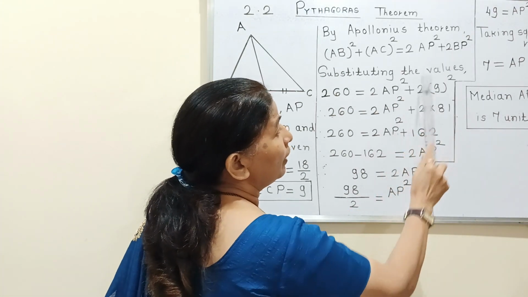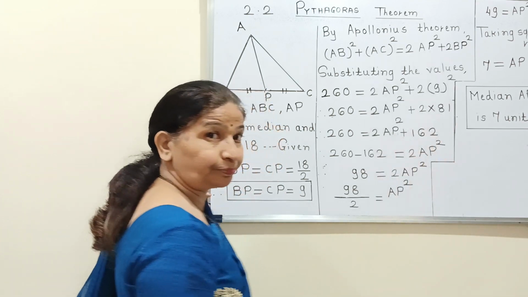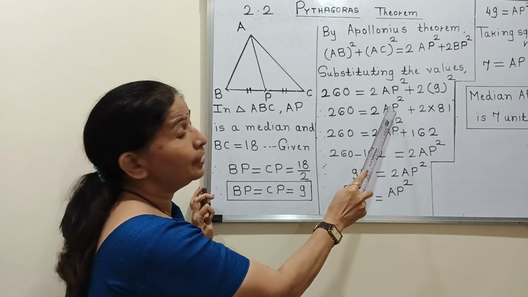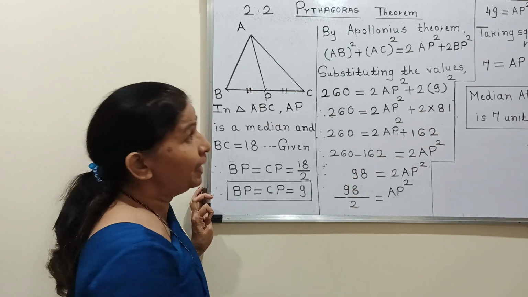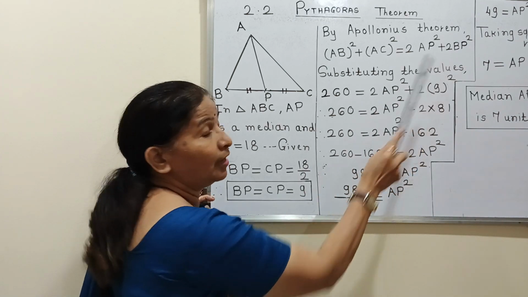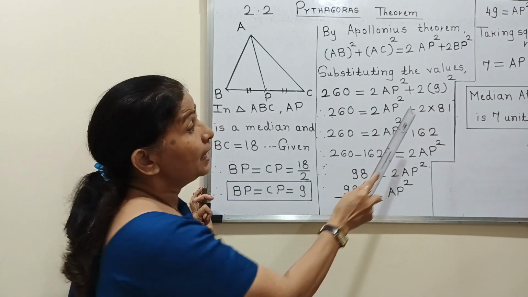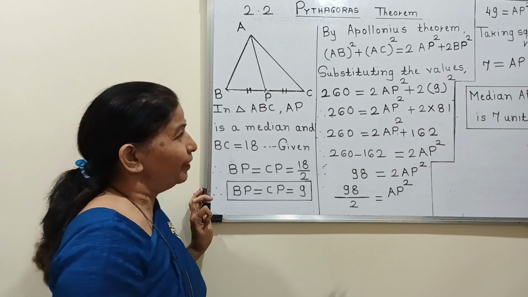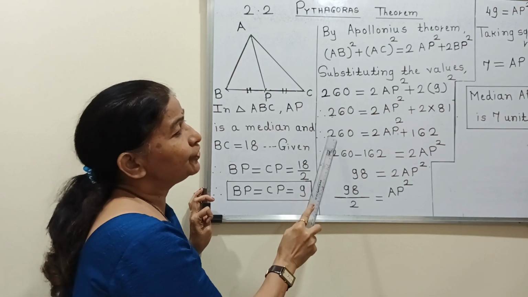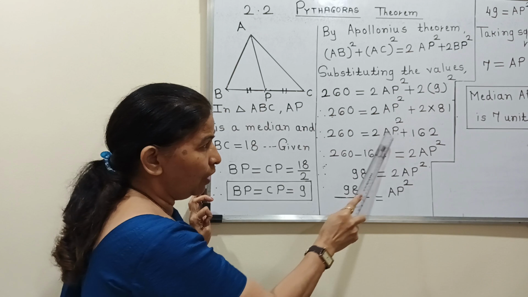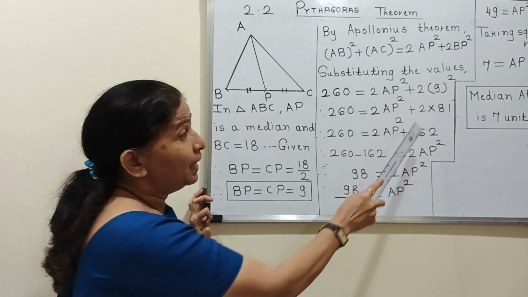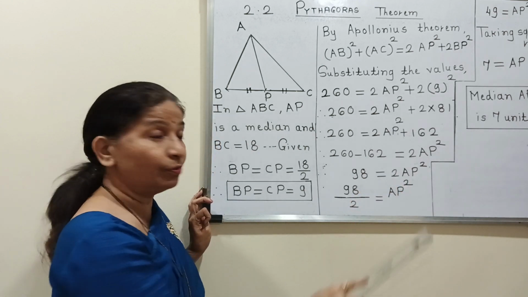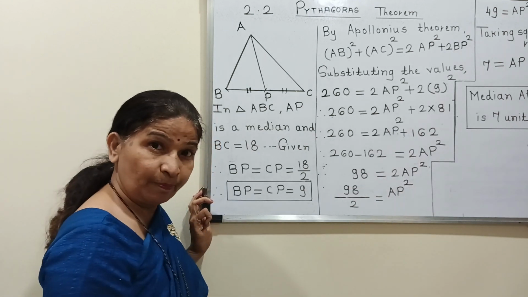So 2 into 9 square. So 260 is equal to 2 into AP square plus 9 square will come as 81. It means 2 into 81. Okay. So 260 is equal to 2 AP square plus 2 into 81 will come as 162.